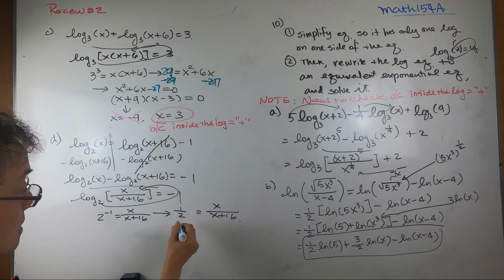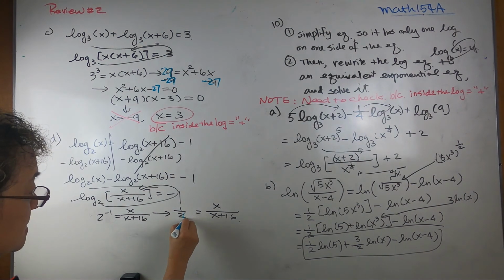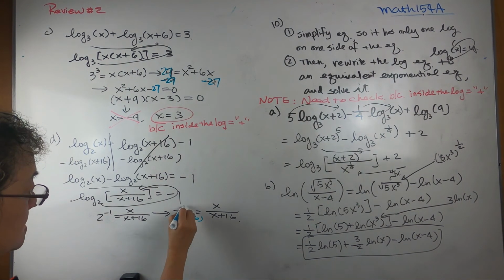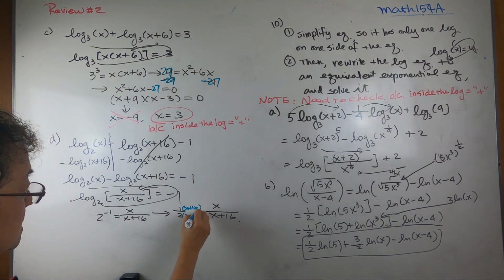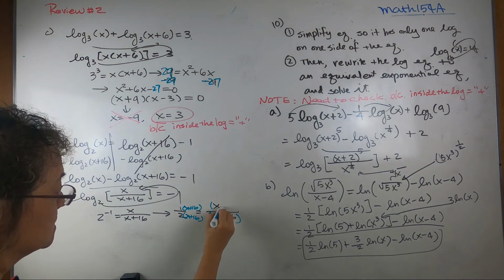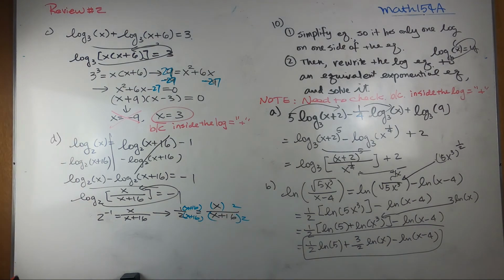You can make both have the same LCD. You multiply this by x plus 16, then you multiply this by what? 2, right? Then you have the same denominator. You can just ignore it. So what do we have? We have x plus 16 equals 2x. Then we solve it, move x over. X is what? 16.